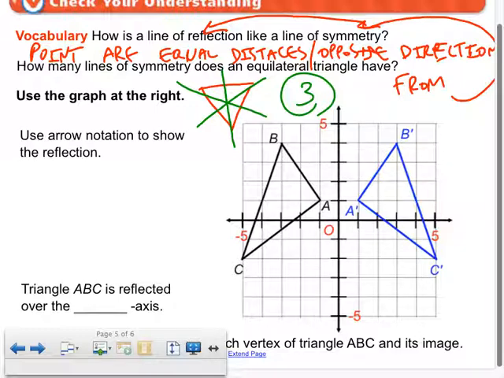Look, what's the arrow notation for this reflection? The y-axis. What is arrow notation? What is the rule? I need you to raise your hand, and I'm going to call on one person. Lola, what's the rule going to be for this reflection? For any point x and y, what's the rule to get my new x and y?